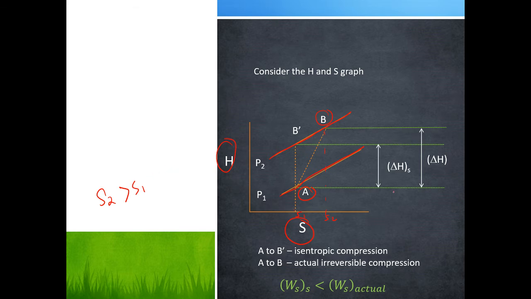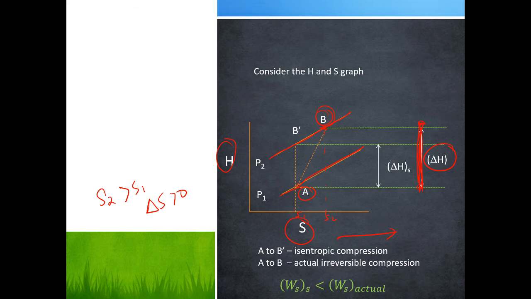Kaya, ang direction natin is towards increasing entropy, towards the right. So, this is the real path, yung nangyayari sa actual path. Delta S is greater than 0, is positive. So, if we take the change in enthalpy ng dalawang points na yon, ito siya. This is the change, okay, in enthalpy ng dalawang points na yon.